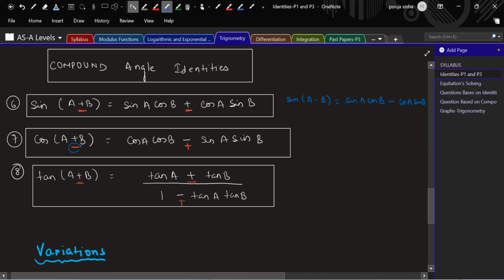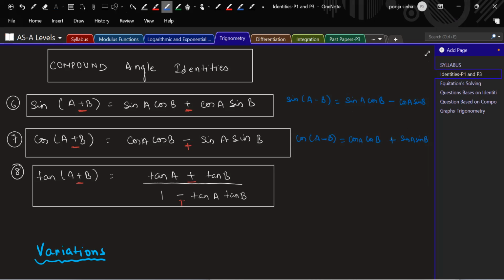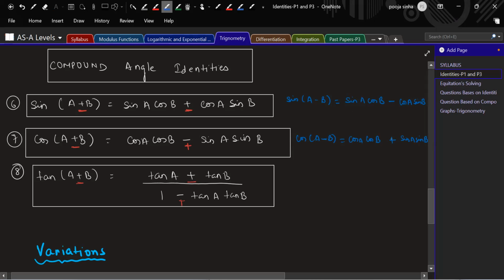And if it is a minus sign, you have to have an identity with a plus sign on the right hand side, which means I'm writing cos A minus B. That will become first cos A cos B, later sin A sin B. And in between, because this was minus, you will put a plus sign here. You put opposite signs. This one is clear? Yeah.